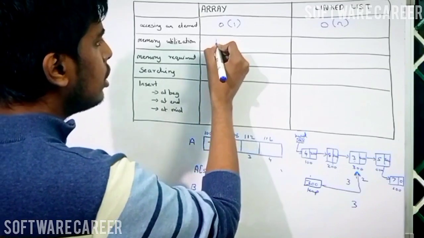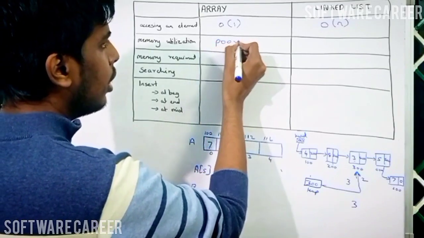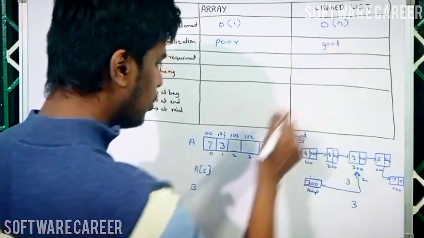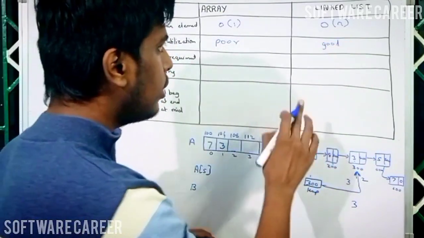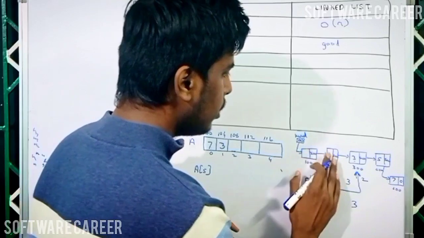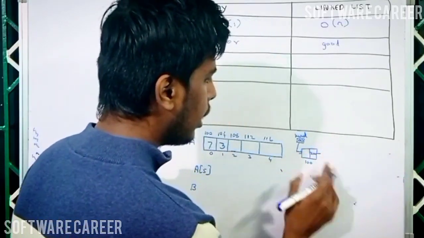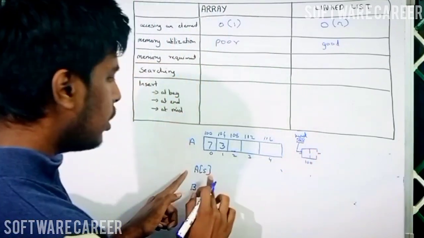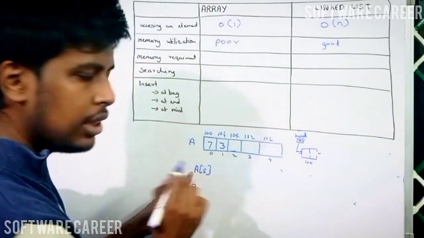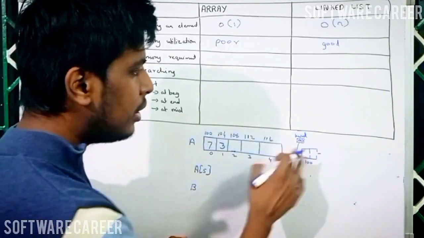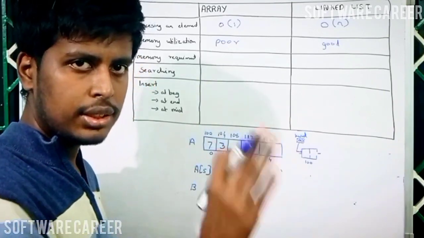So memory utilization is poor in an array, whereas it is good in a linked list. In an array we have declared the size initially, at the start, like 5, but in a linked list there is no need to fix the size at the start.